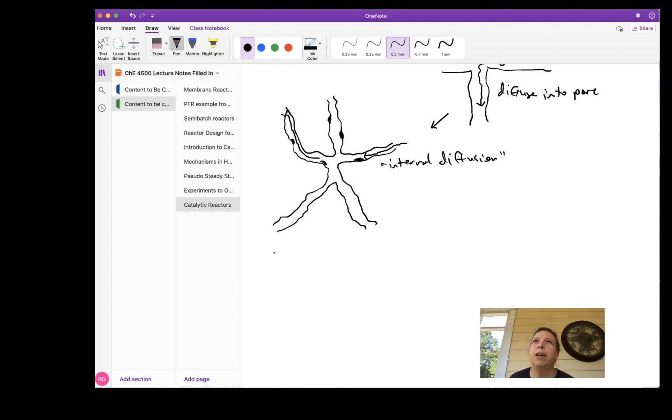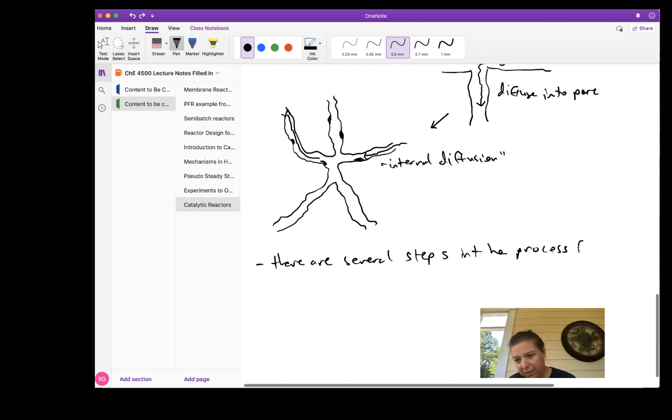But number two, because as you can see, there are a lot of pieces to the process. There are several steps in the process of being converted in a catalytic reactor.